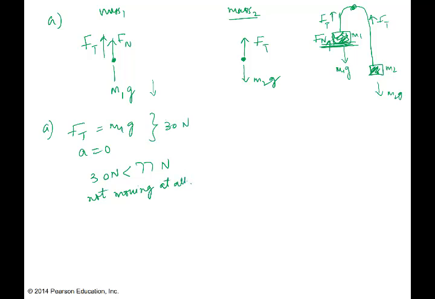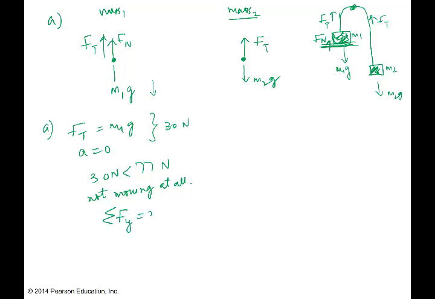So if I apply the forces, it will not have acceleration, but we can still write the net force in the y direction. Let's write it in the same format.